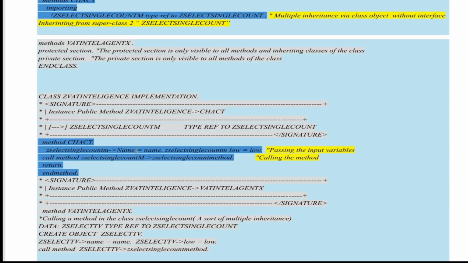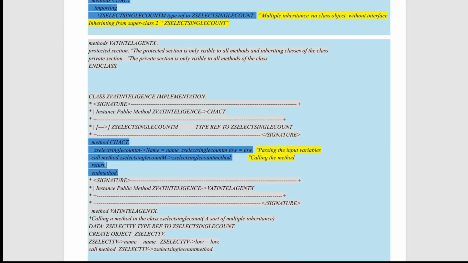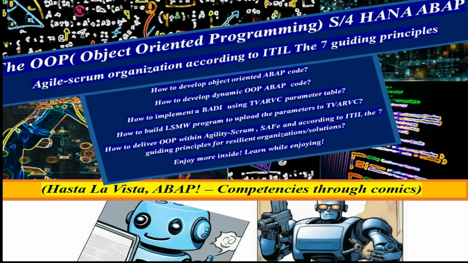Here to this method, as if we are calling the class or creating an object of the class, we pass the inputs, we call the method, and then return the output, then end the method.